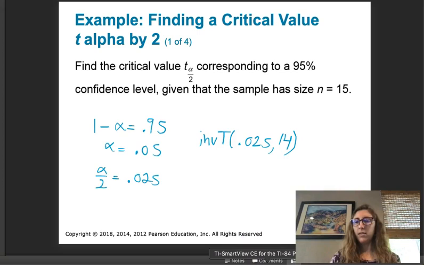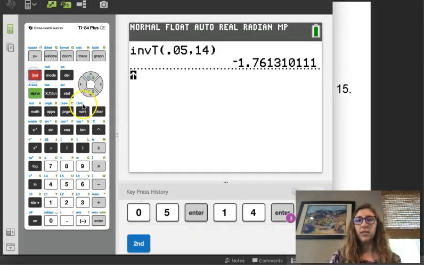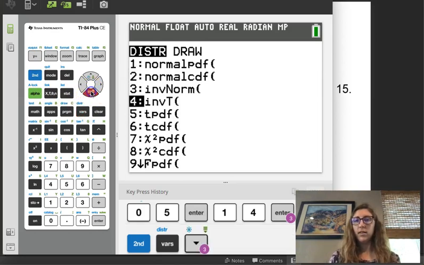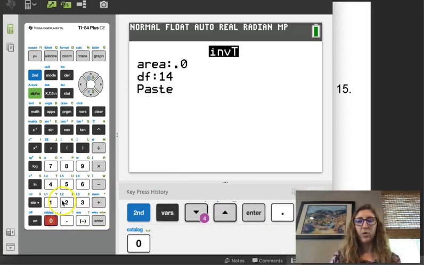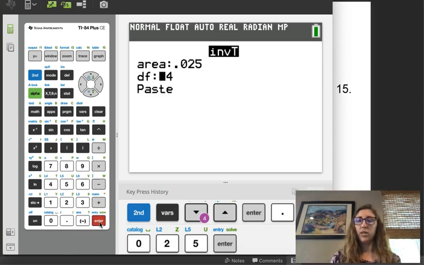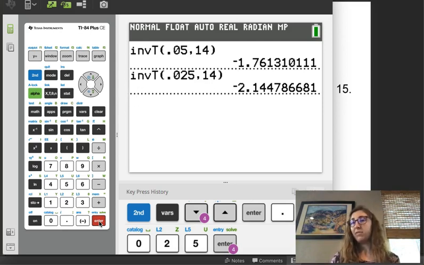All right, so now let's go to our calculator. Again, we're going to go to second vars, go down here to our inv-t. Now we have an area of 0.025, degrees of freedom 14, and here we go, negative 2.145 if we're rounding to 3 decimal places.